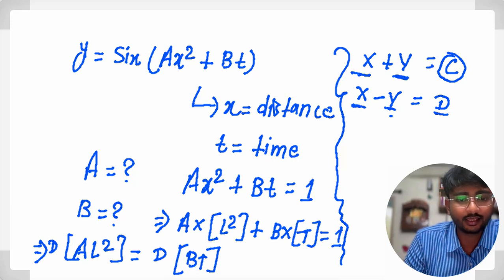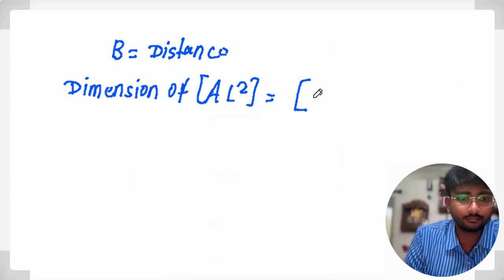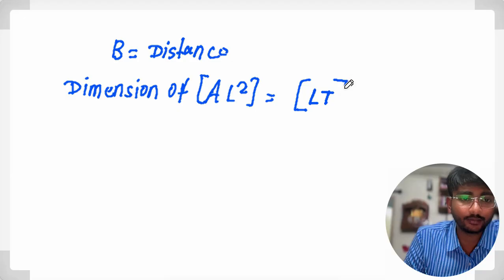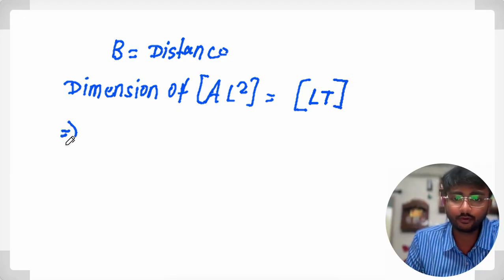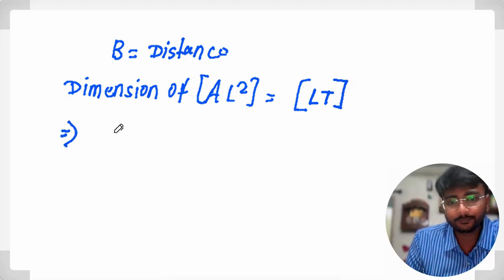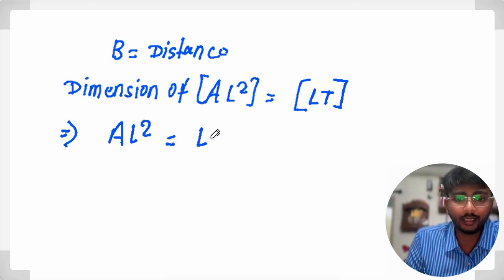So b into t, that means l into t. L into t, right? So from here you can write it as a l square equal to l t.